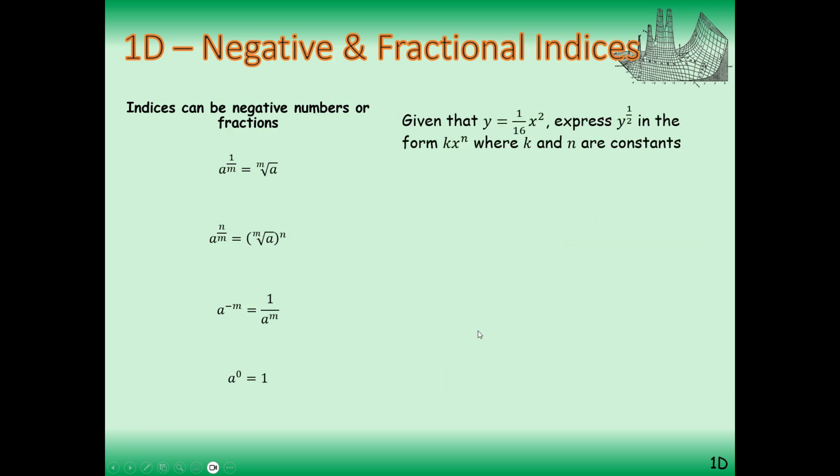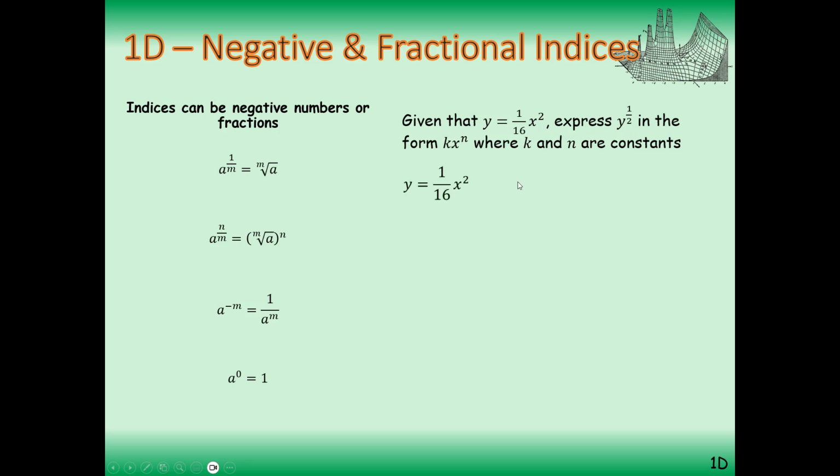Okay, so in this next example, we've been told that y is 1/16 times x squared, and we've been asked to find the square root of y. That power of a half on y means that we don't have to take the square root.